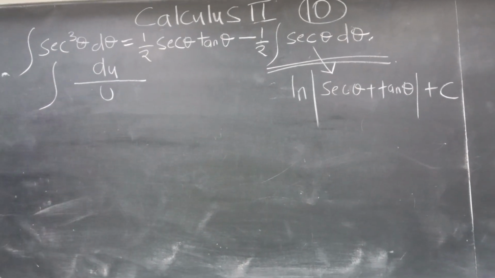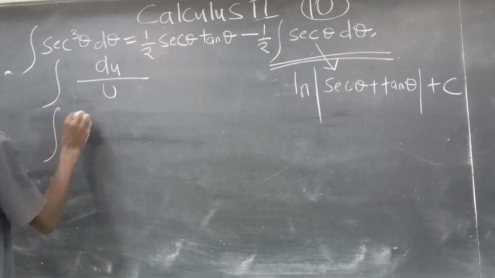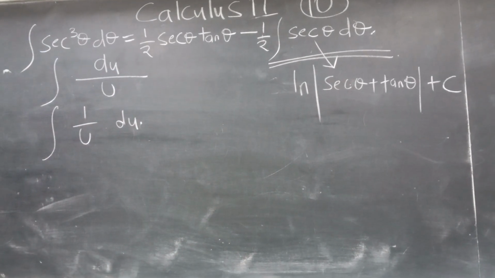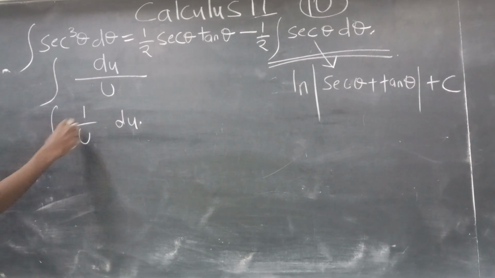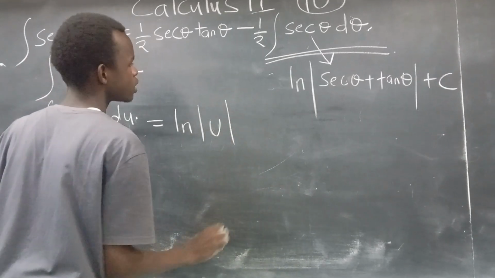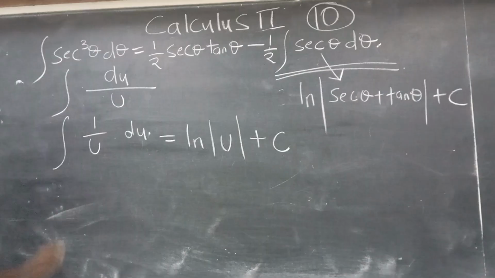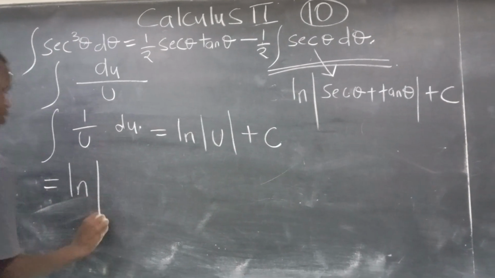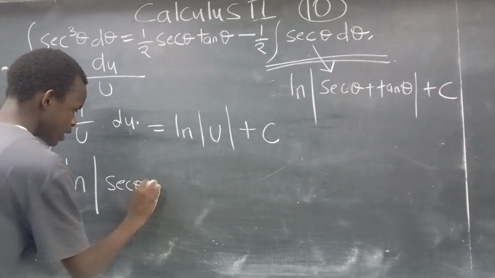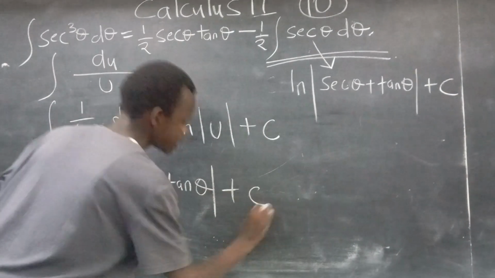So this is just the same as the integral of 1 over u du, right? We were told when you're integrating 1 over u, it is just the same as ln of the absolute value of u plus a constant c, right? So from there, my answer is ln of u, but remember our u was secant of theta plus tangent of theta, then you add a constant c.